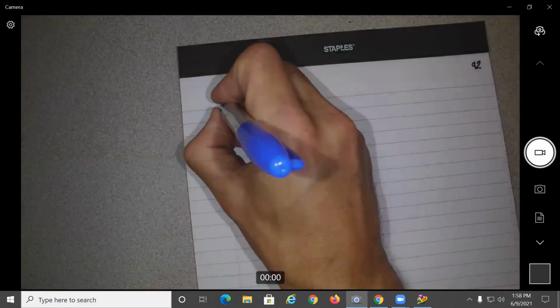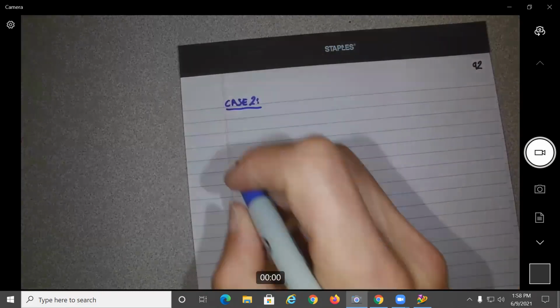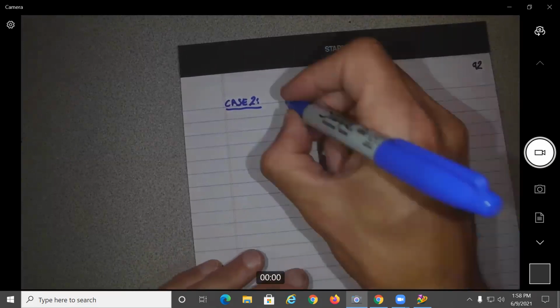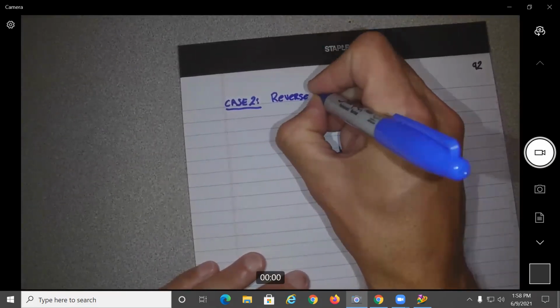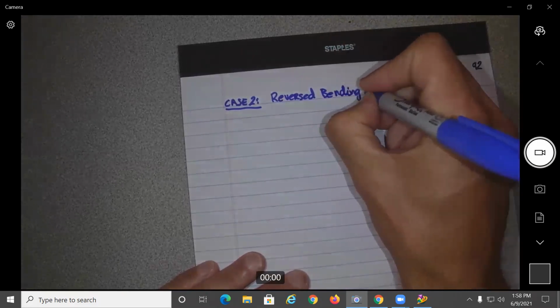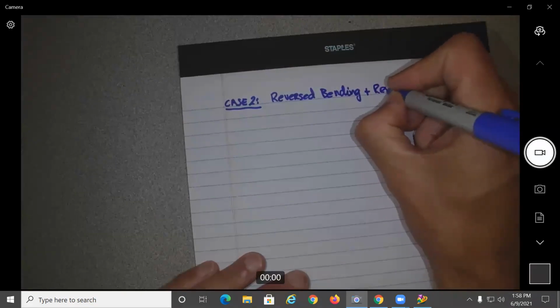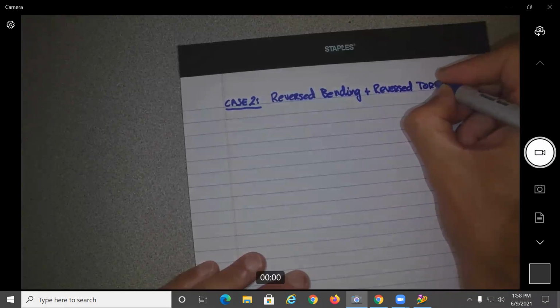So for case 2, I'm going to write reverse bending plus reverse torque.